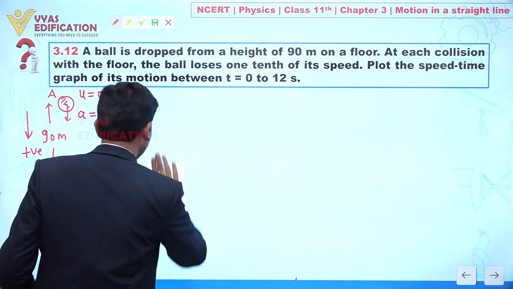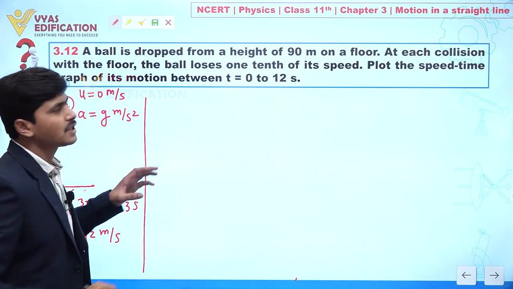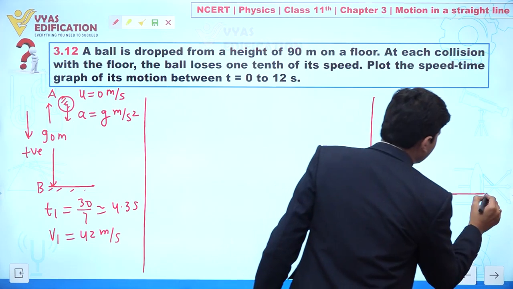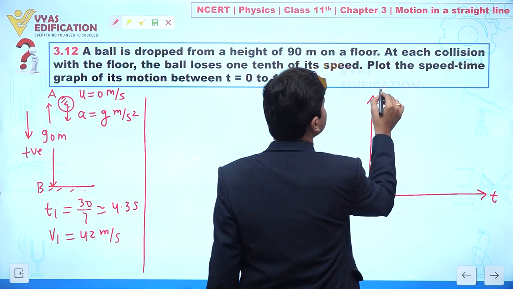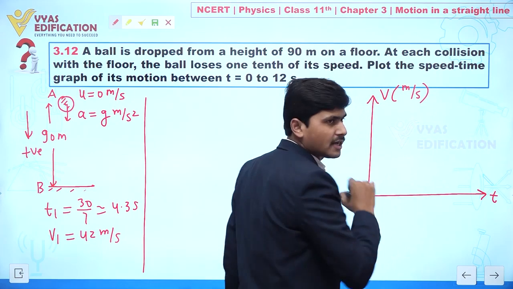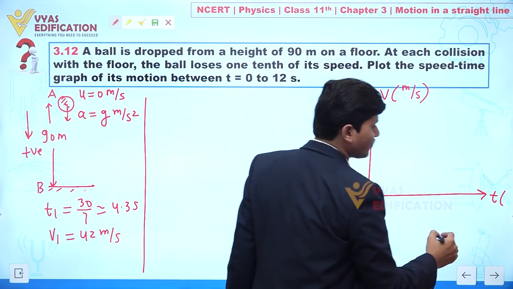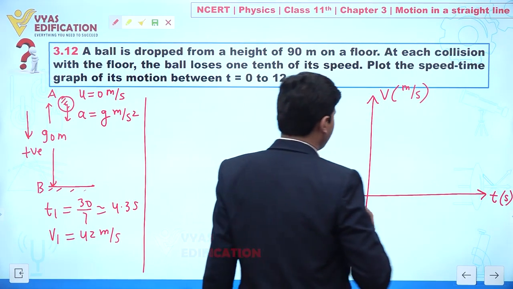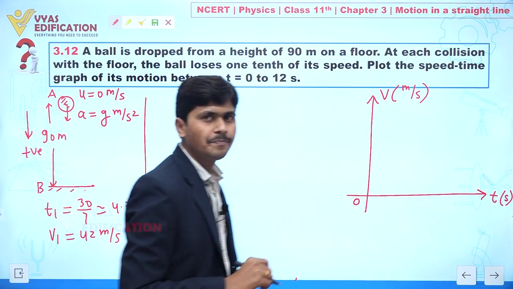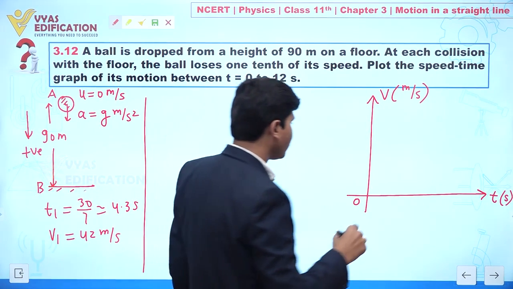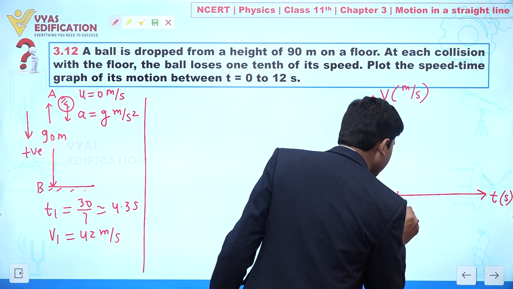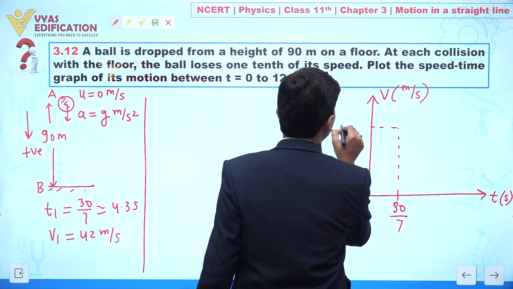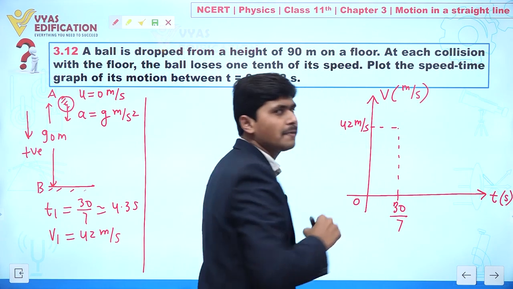Now listen, our objective in this question is to draw a graph between speed and time. So let's suppose we have time in second on one axis and V in meter per second on the other. From time 0 to 4.3 second, which is 30 by 7 second, we have a linear curve, reaching a speed of 42 meter per second.